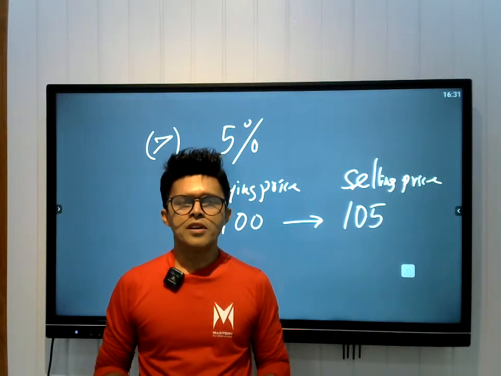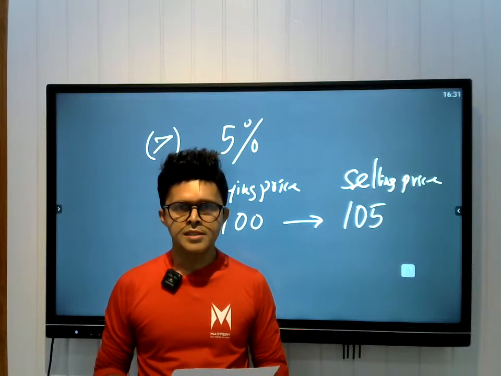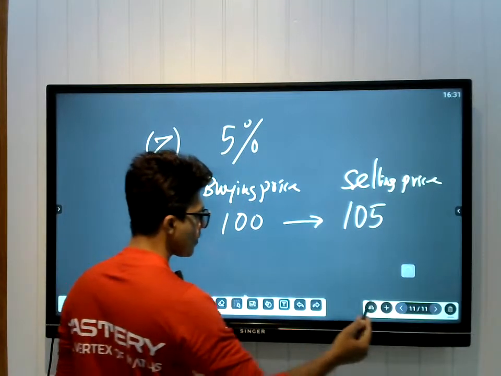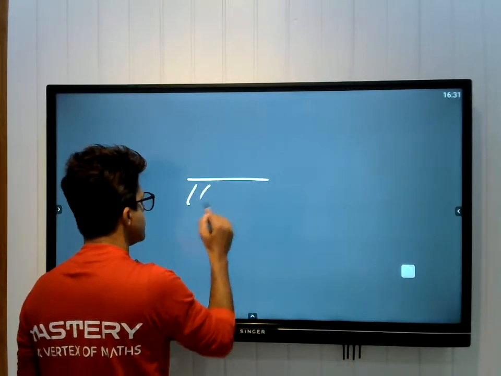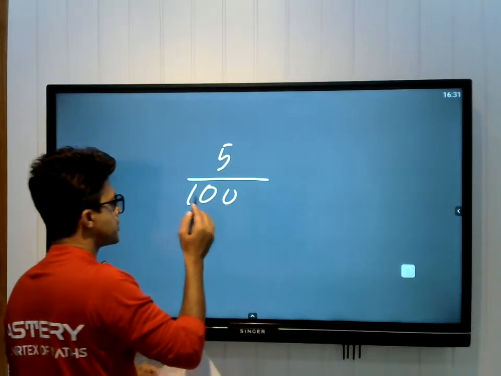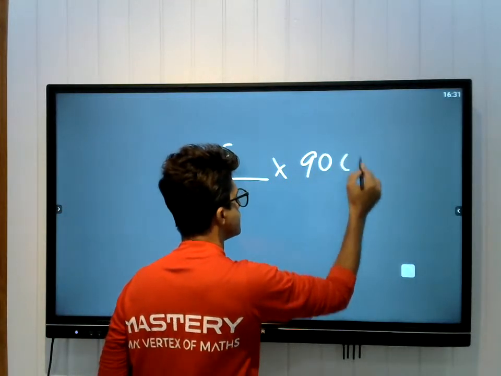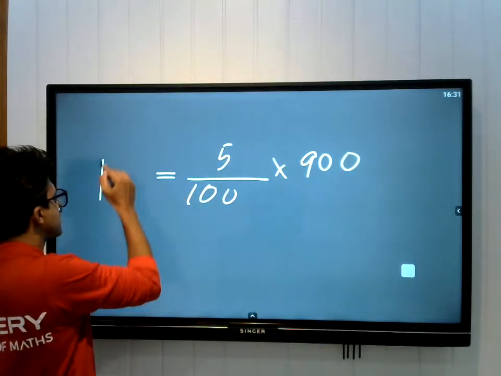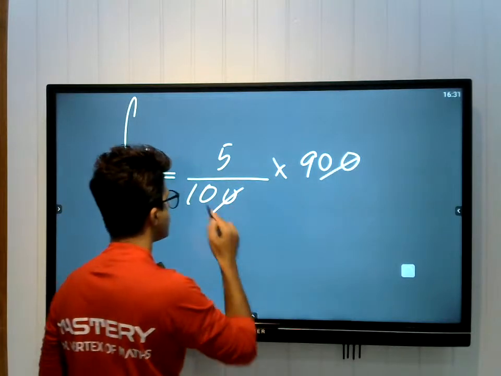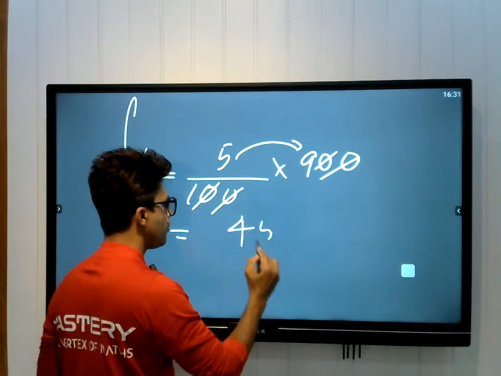There are two methods of doing this question. Yes, 945. From every 100 rupees he expects 5 rupees. So from 900 rupees, this is the profit he expects. This 0 and this 0 can be cancelled out, so 5 times 9 is 45.